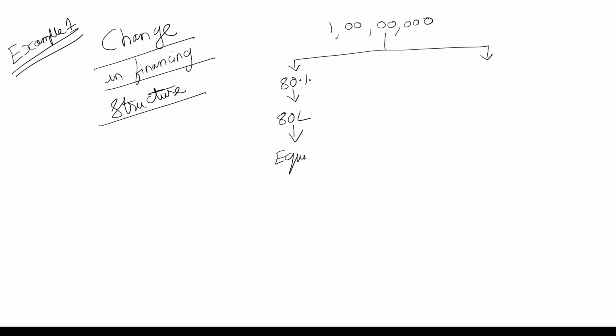So when I say equity here, I mean owner's money, and here we have 20%, and this 20% is in the form of debt. Okay. With this financing structure of 80-20, I'm going to draft a balance sheet.